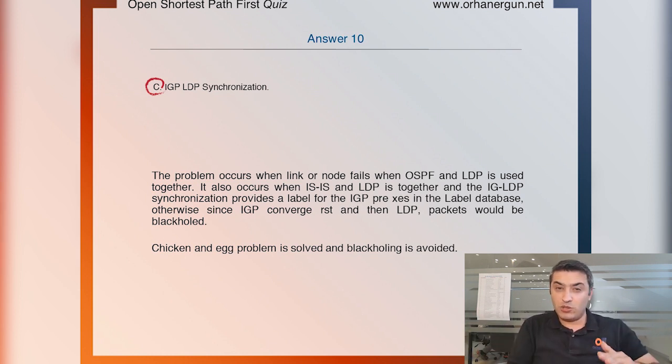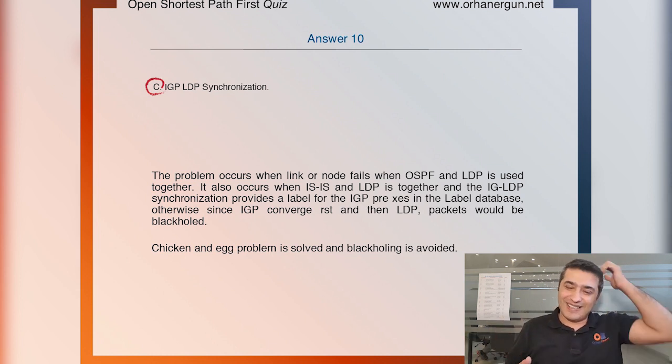That's why IGP should wait for LDP to finalize its job, all the labels for all the routing table entries, then IGP should signal, okay, I am ready to take the traffic. We call it IGP LDP synchronization. It is done on any service provider network if they use IGP and LDP.